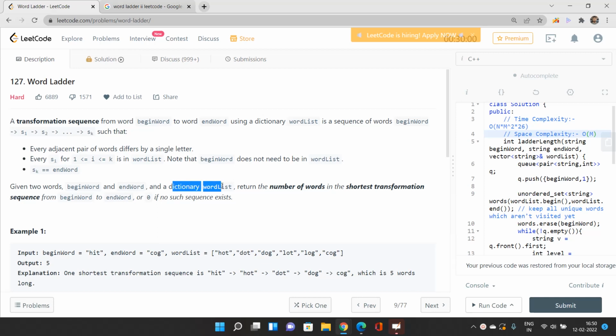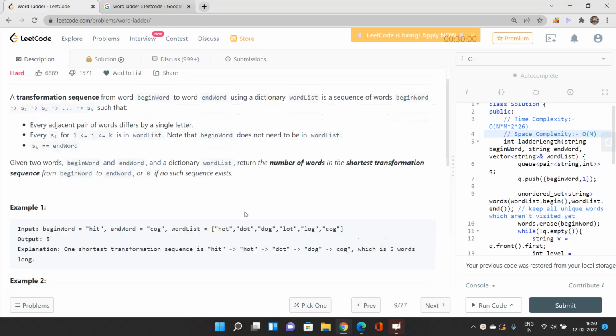And a dictionary wordList is given to us; it specifies the words that are going to be visited during the path from the source node to the destination node, and we have to return the number of words in the shortest transformation sequence from beginWord to endWord, or 0 if no such sequence exists.